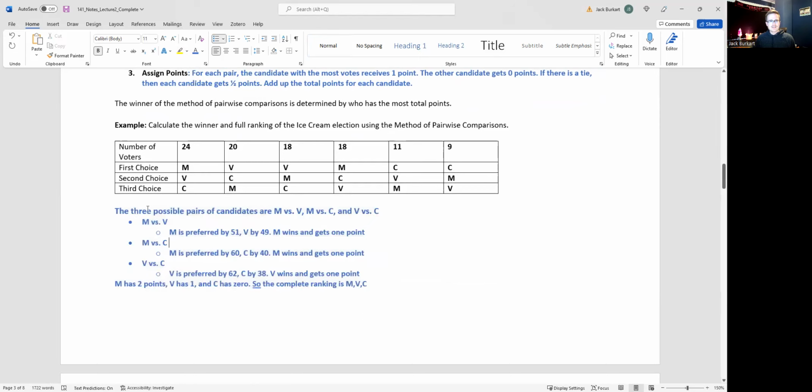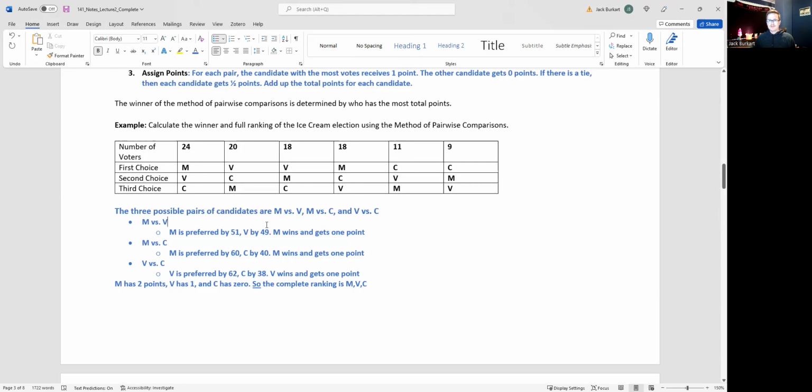The first thing that you always want to do using this method is to find all possible pairs. Now, in an election with three candidates, there's always going to be three different pairs. The three possible pairs of candidates in this election are M versus V, mint chocolate chip versus vanilla, M versus C, mint chocolate chip versus salted caramel, and V versus C, vanilla versus salted caramel. That is all of the pairs right there.